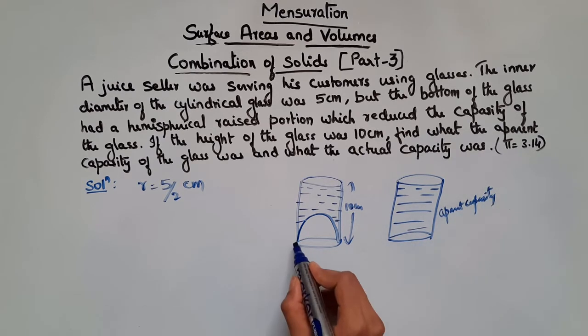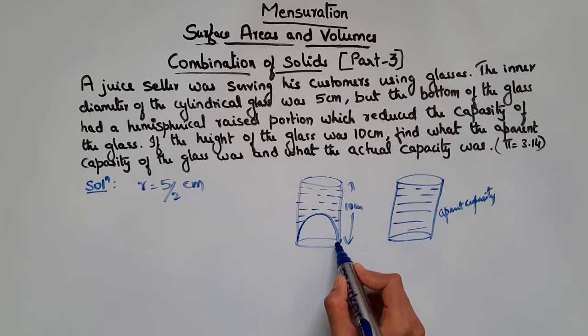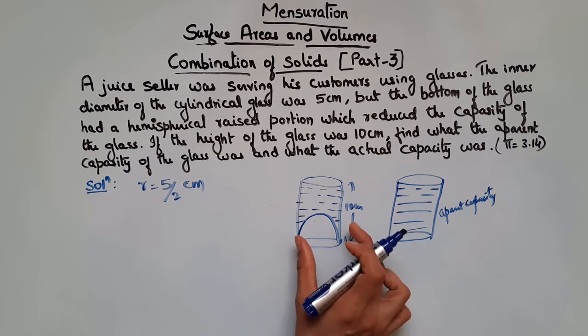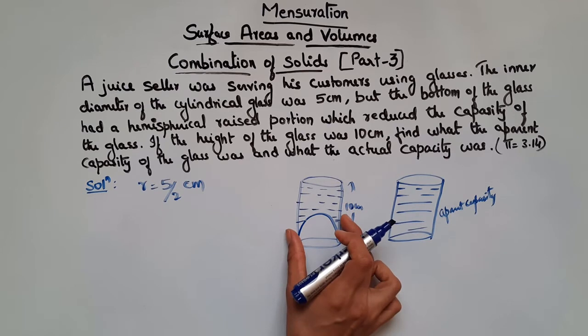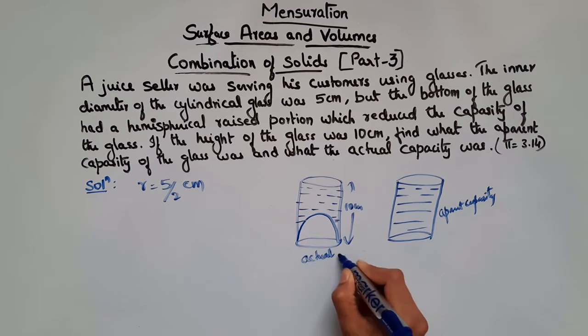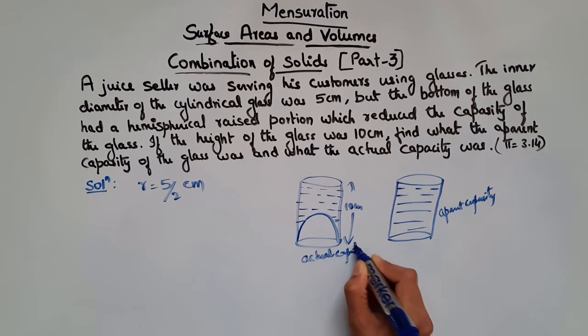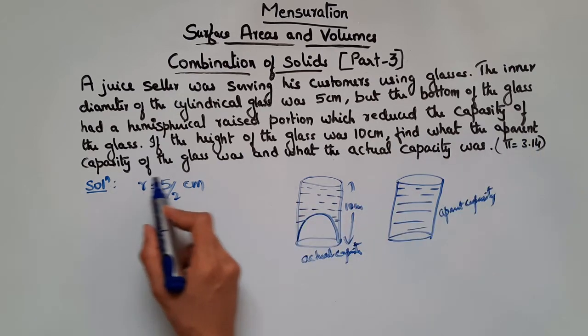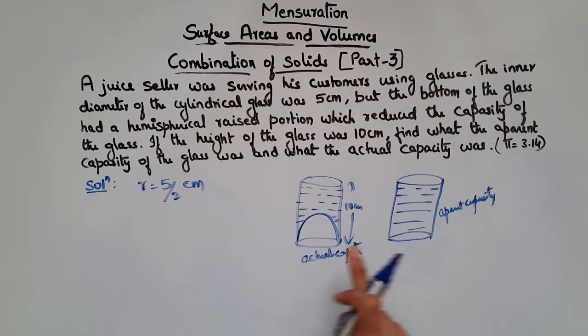In real, there is a hemispherical raised portion at the bottom of the glass which they cannot see. So this is the actual capacity that the customers get, right? So this is the actual capacity of the glass and this is the apparent capacity. So we have to find what the apparent capacity of the glass was and what the actual capacity of the glass was.